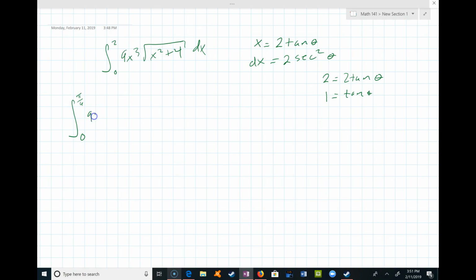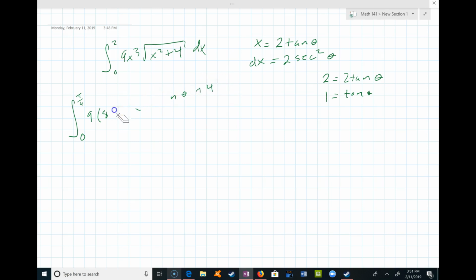So that would be 9 times, and I'm going to take x cubed, so that would be 8 times the tangent cubed theta. And then inside the square root, I'm going to have 4 tangent squared theta plus 4.